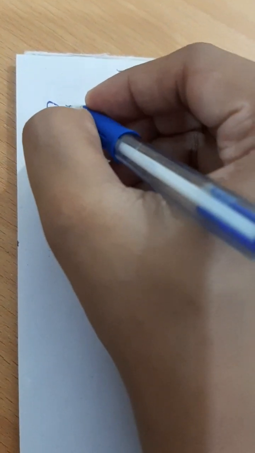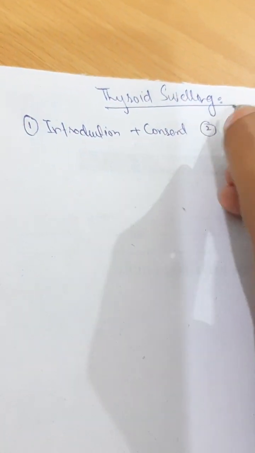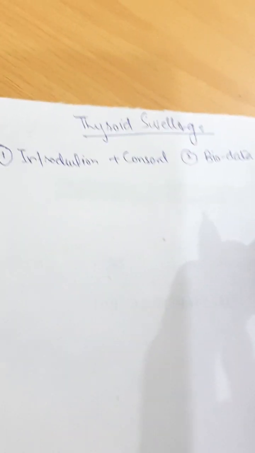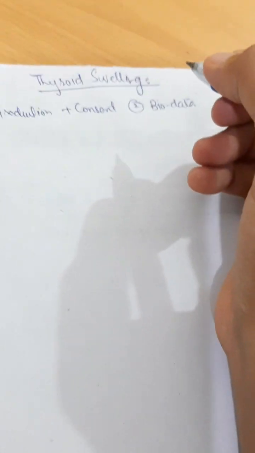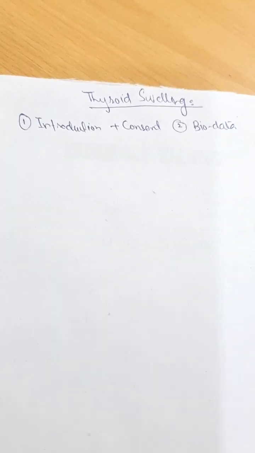First of all, basic things: start with the introduction and take consent of the patient. Then take detailed biodata of the patient, ask about the age, sex, marital status, number of children, each and everything.